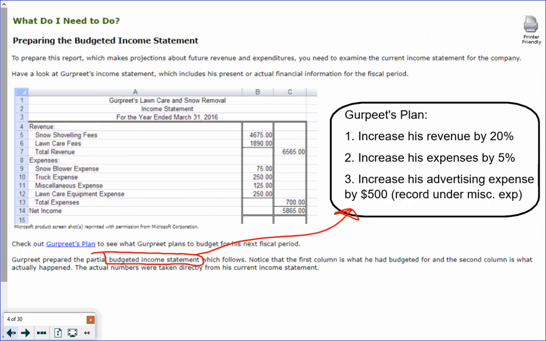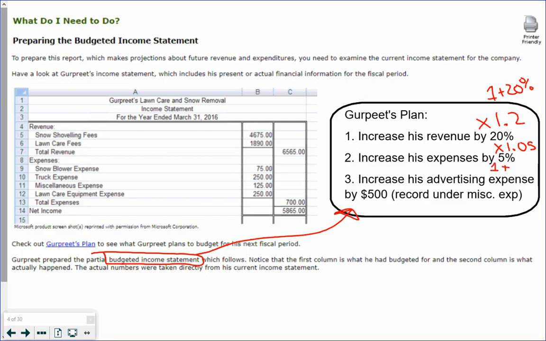Okay? So an increase of 20% means we're going to times by 1.2. An increase of 5% means we're going to times by 1.05. Okay, so essentially what I'm doing is I'm going 1 plus 20%.